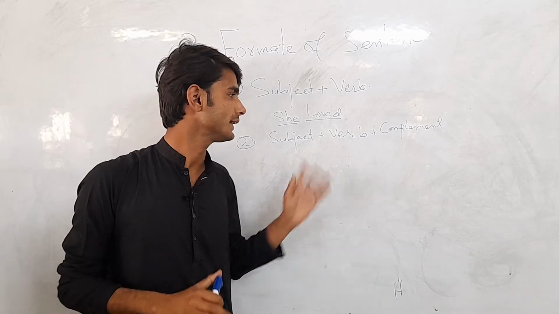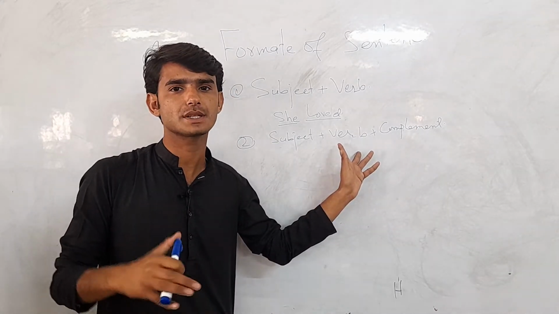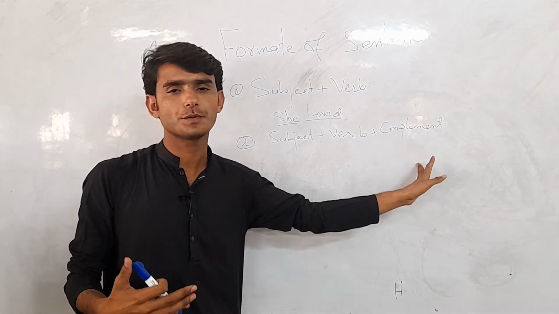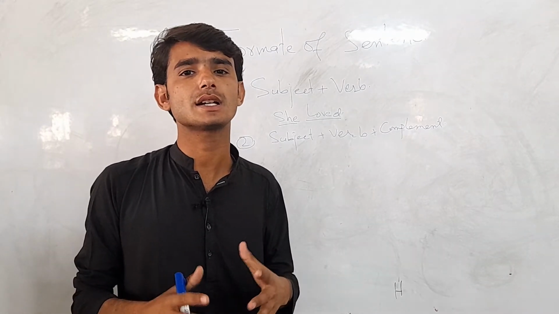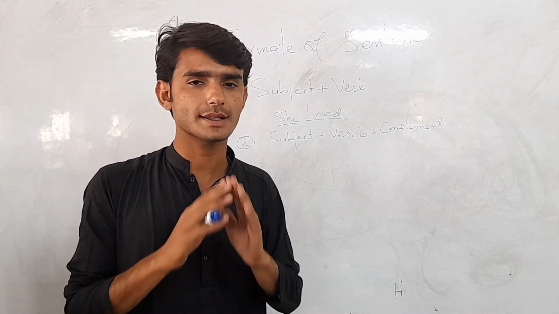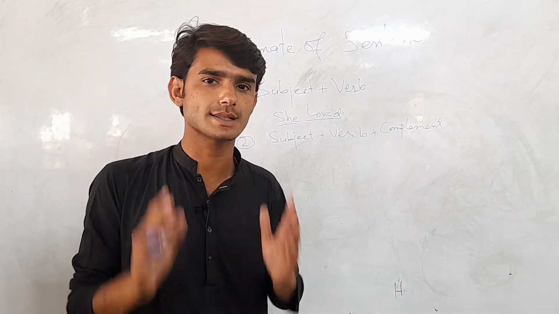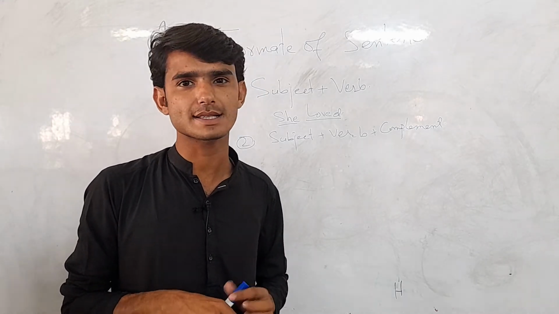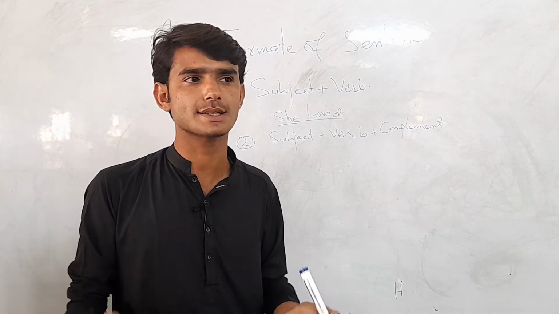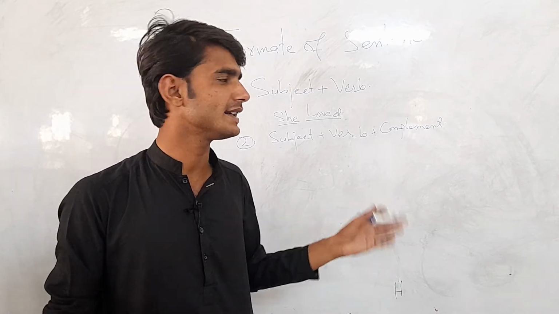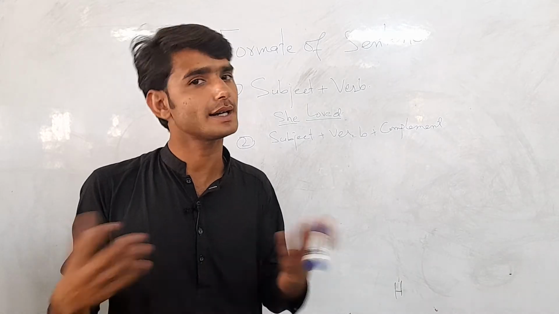We have already defined the subject and verb. Here we go for the complement. Complement is added into the sentence in order to complete the sentence. It does nothing other than completing the sentence. As far as its category into the word classes or parts of speech is concerned, it is always either a noun or an adjective.